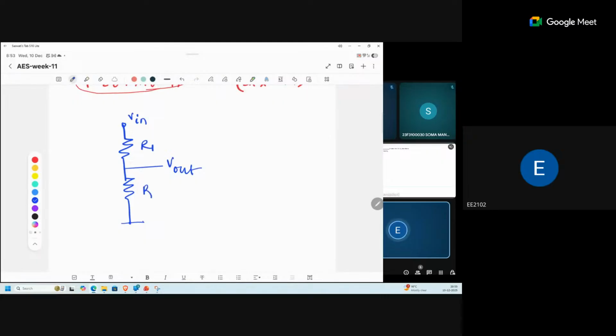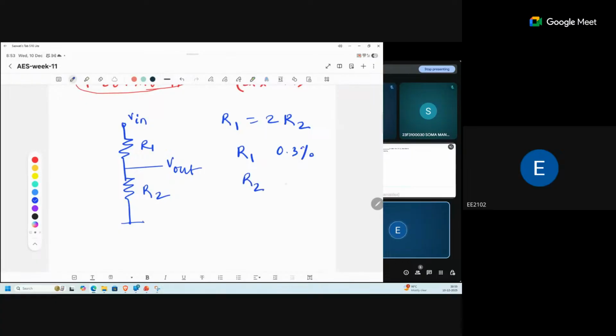This is R1, this is R2. Then it is given R1 is equal to 2 times R2, and R1 has a fault of 0.3%, R2 has a fault of 0.45%. Am I right? This is given in the question, right? Yes, ma'am.